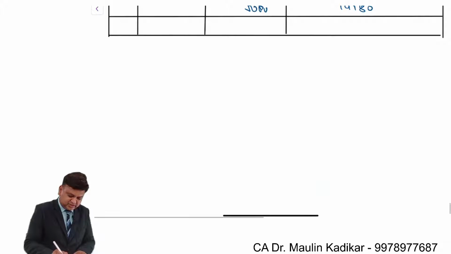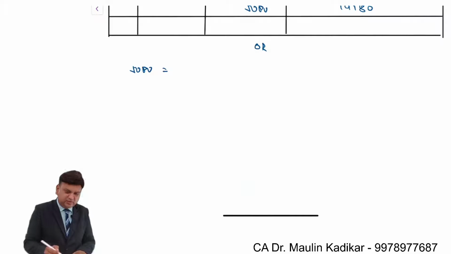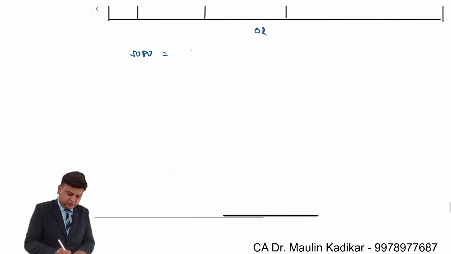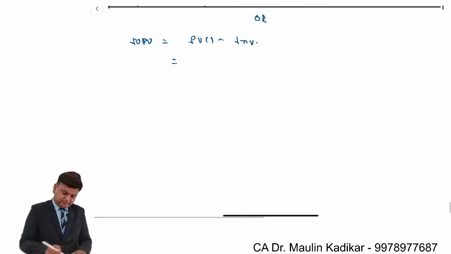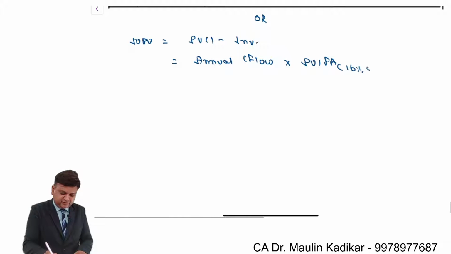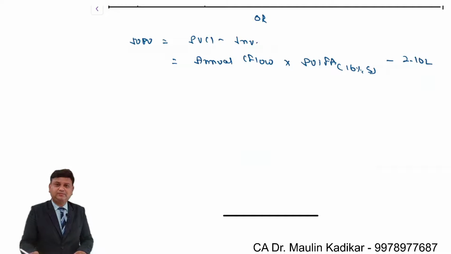Friends, you can show this answer alternatively like this. The presentation can be done like this also. I am only showing you a shortcut presentation. If you want to do that in the examination, it is present value of the cash inflow minus investment. So it is the annual cash flow into PVIFA at the rate of 16% for 5 years minus investment, that is 2,10,000.